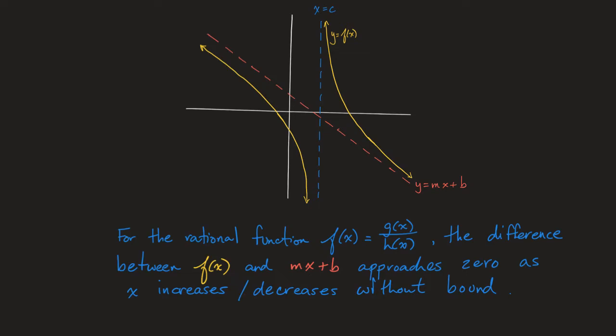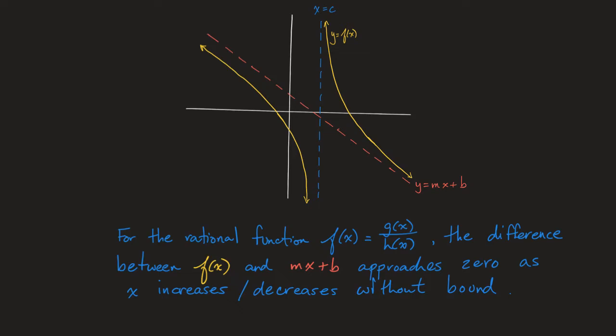I've tried to match up the colors as best as I can with the original curve, the full graph. All that says is the rational function f of x, which is g of x over h of x, just some expression over another expression. The difference between f of x and mx plus b approaches 0 as x increases or decreases without bound.